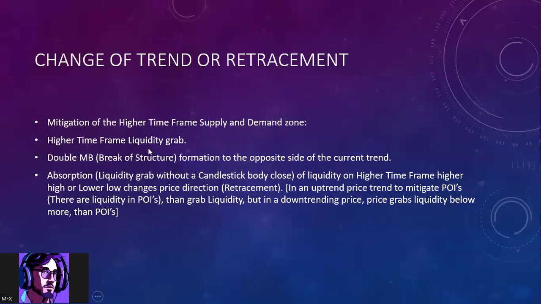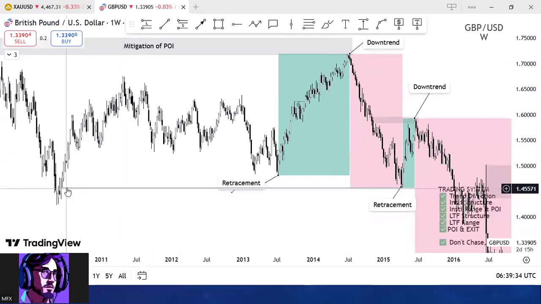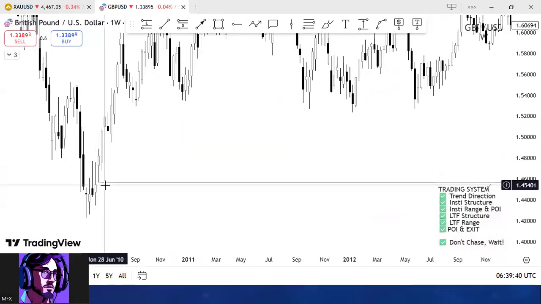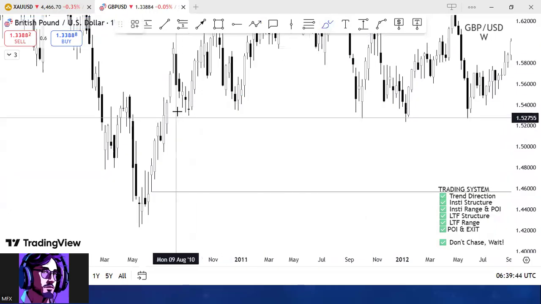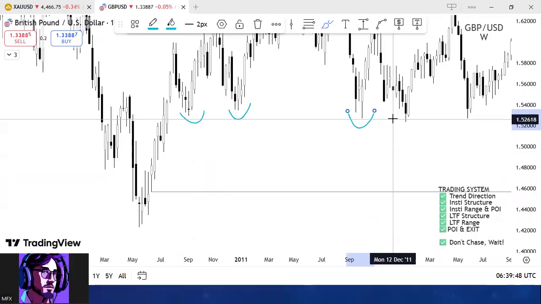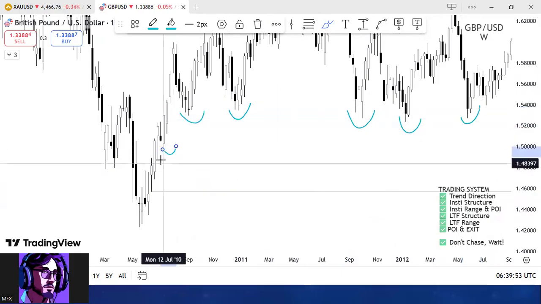After that, a higher time frame liquidity grab. This was a mitigation of this liquidity. Price mitigated this liquidity. Now, at every swing low or swing high, what we know as weak lows, there is liquidity. It has not been mitigated.